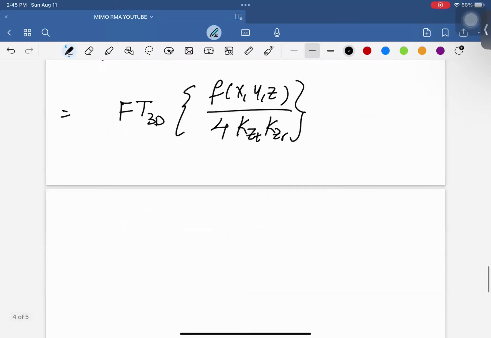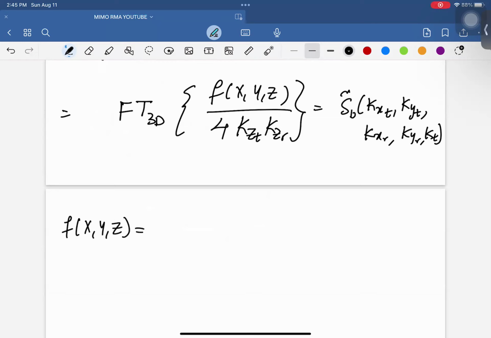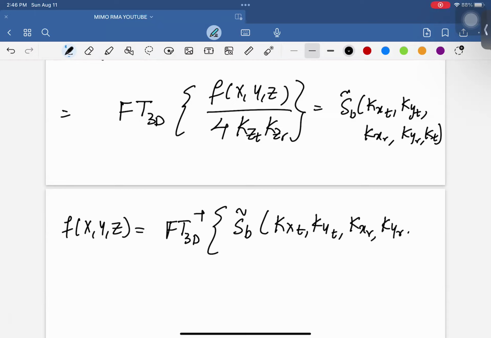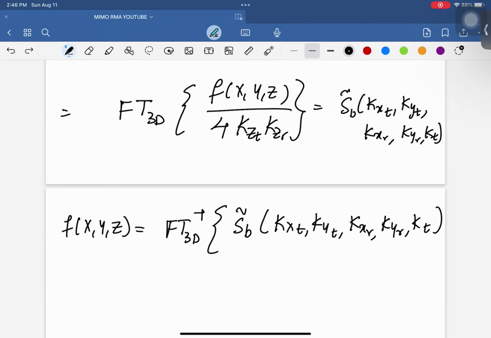Right? So this is equal to SB tilde of kxt, kyt, kxr, kyr, kt, right? Which means that f of x comma y comma z can be written as the 3D inverse Fourier transform of SB tilde of kxt, kyt, kxr, kyr, kt times 4 kzt kzr.